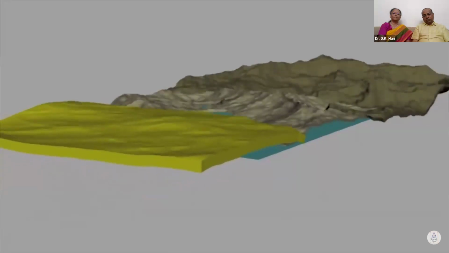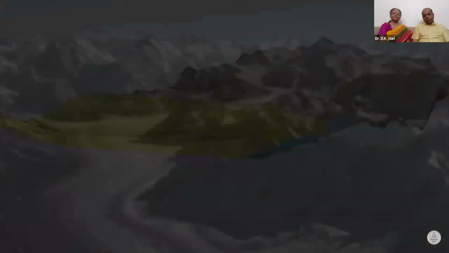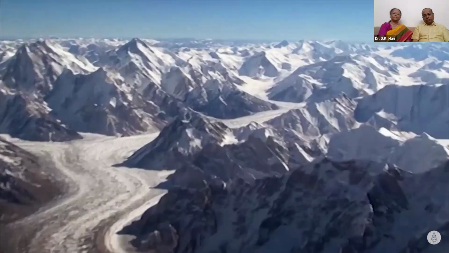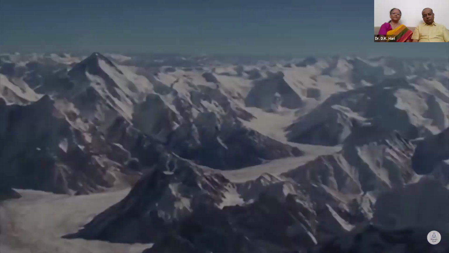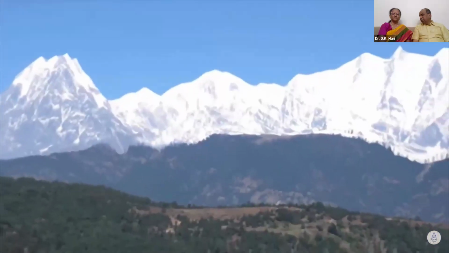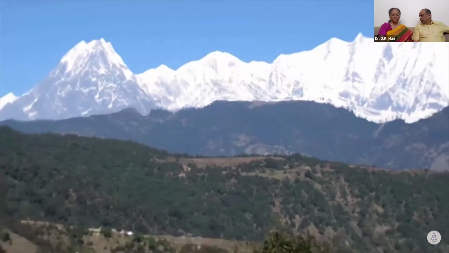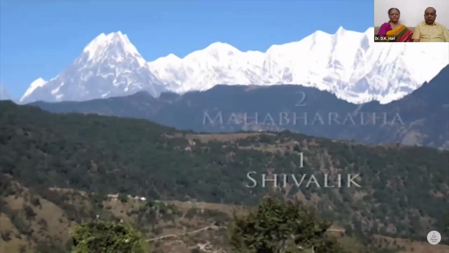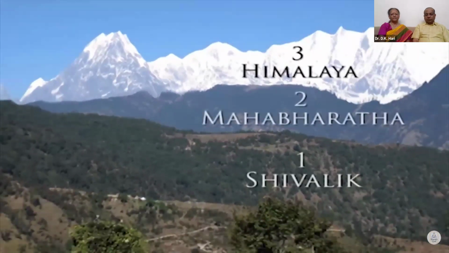What came of this crumple is a massive range of mountains. This crumpled mountain range stretched from Tehran in Iran in the west to Hanoi in Vietnam in the east. This is what we now call the Himalayan range. This impact had created 3 crumple zones in this Himalayan range.